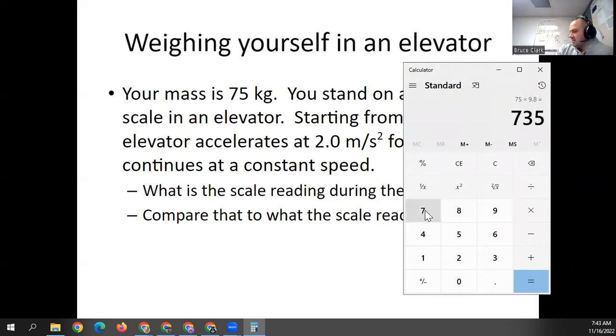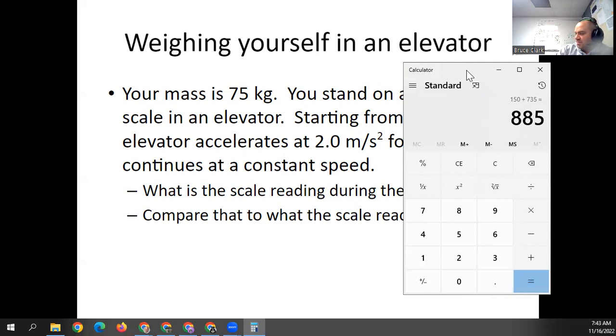I'm going to take that 75 kilograms times my 2 for acceleration, 150, and then add that to the original 735 that we need just to overcome gravity. That's going to give us 885 newtons.